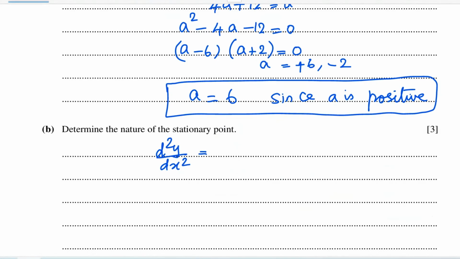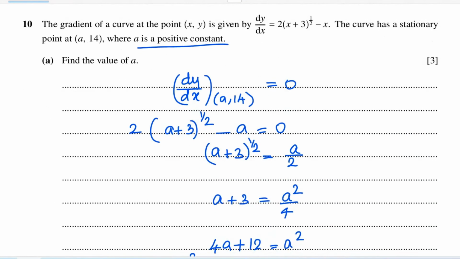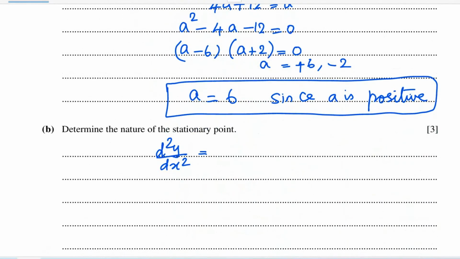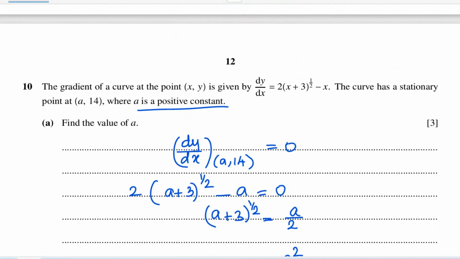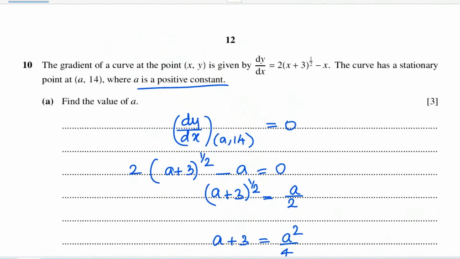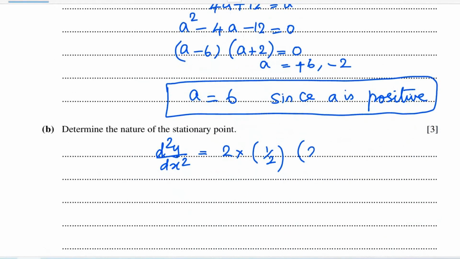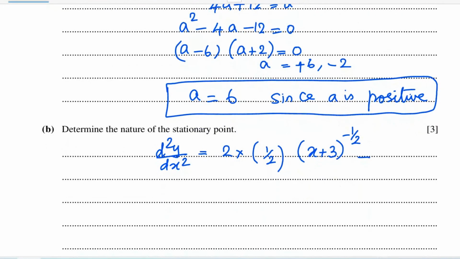Which is equal to 2 multiplied by 1/2 multiplied by x plus 3, the whole power negative 1/3, minus 1.